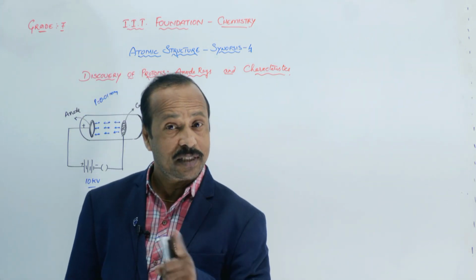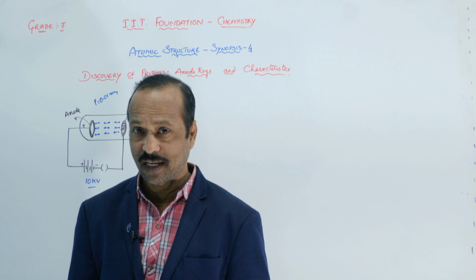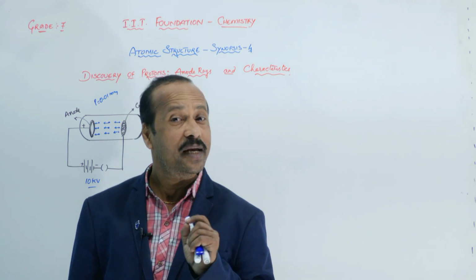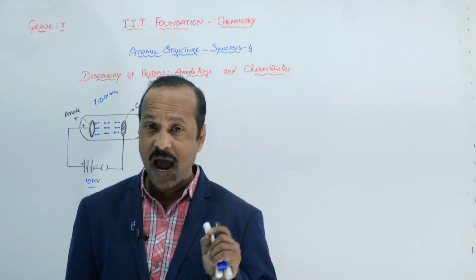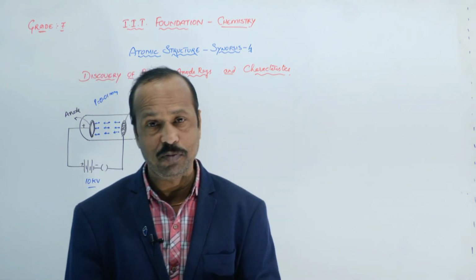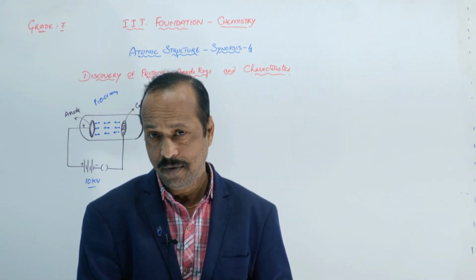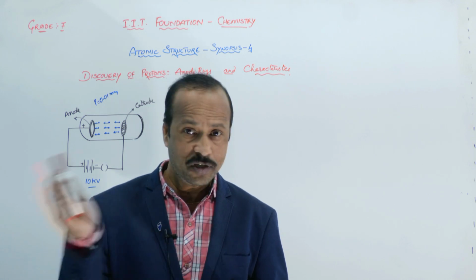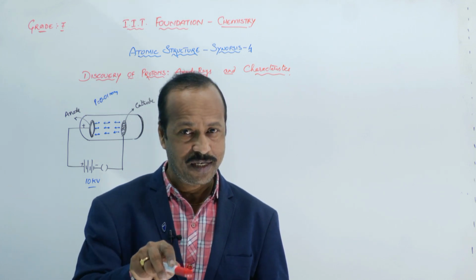Why? Because the cathode is negatively charged. It is connected to the negative terminal of the battery. When electrons are removed from the gas molecules, the ions formed are positively charged, right?